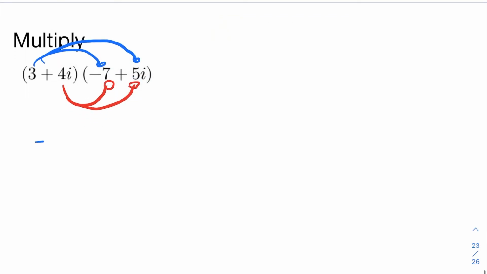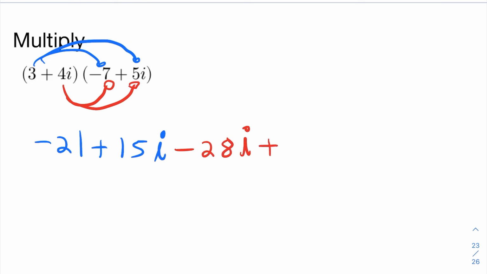That's going to be negative 21 plus 15i, and then that's going to be minus 28i and plus 20i squared. Okay, there, we got that.